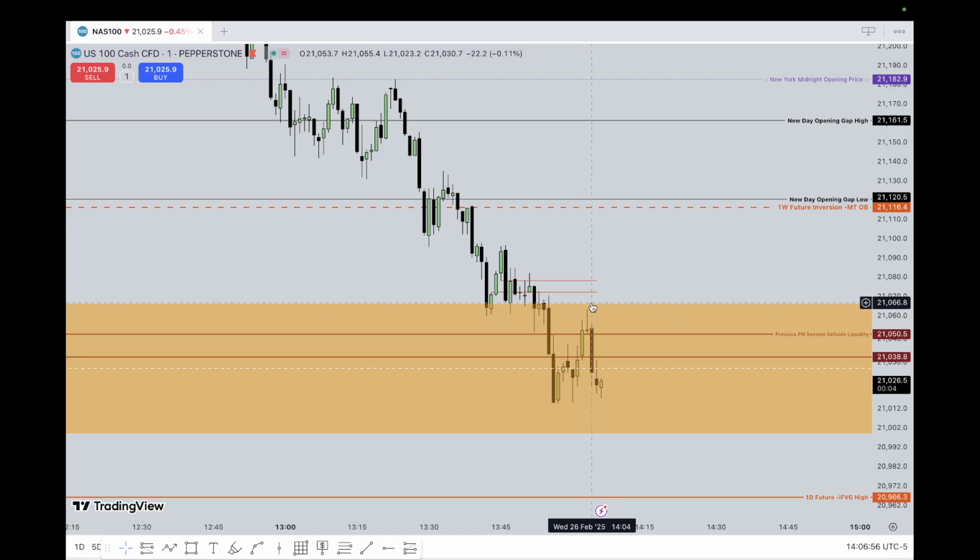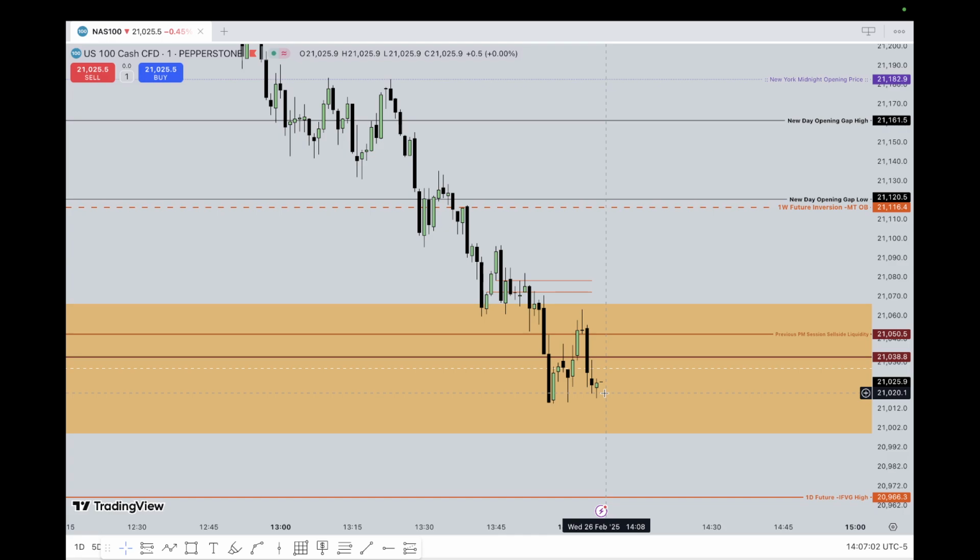So if the market goes above this, then I want to be out. I would want this to go lower now with speed, below the consequent encroachment of this tail, and close below it, and not even retrace back into it.